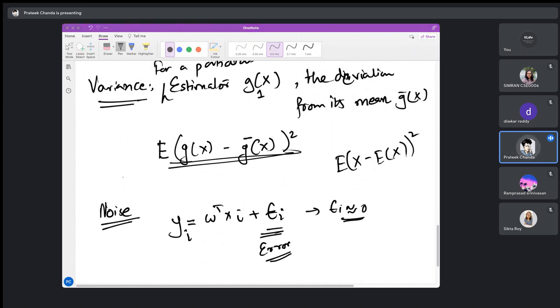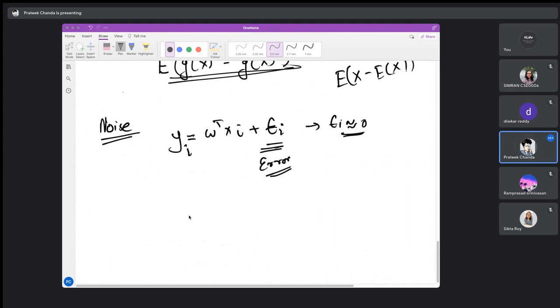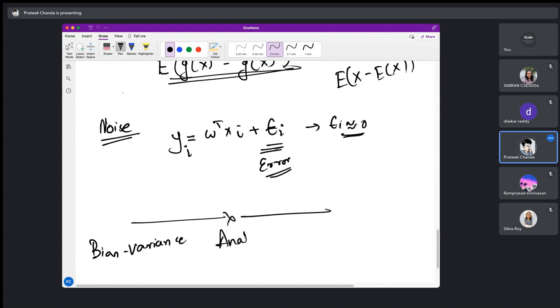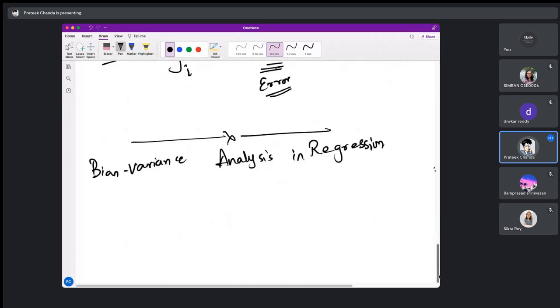Now what we want to do is a bias variance analysis in the regression setting. So let's say I have my true function, f(x).